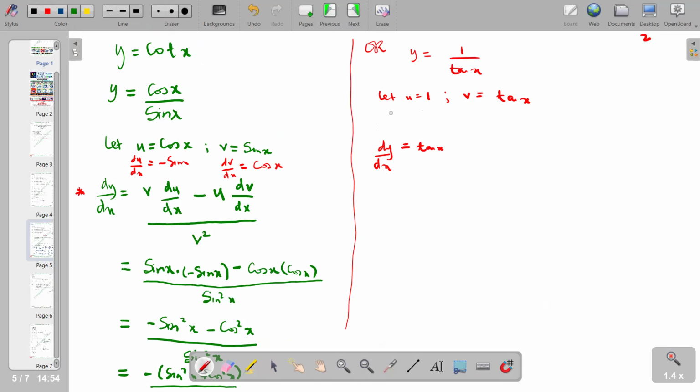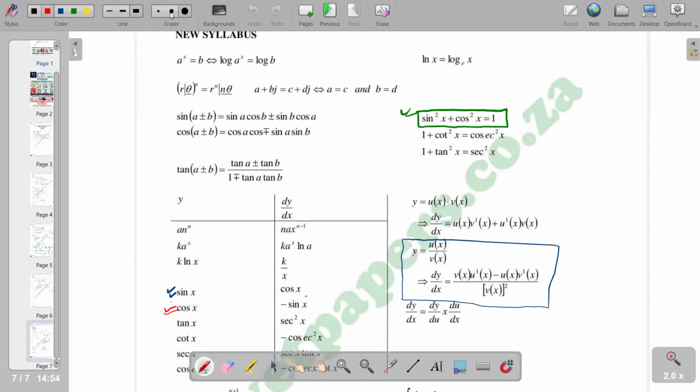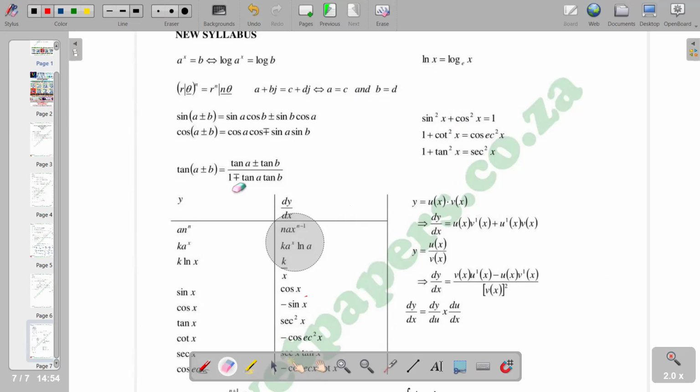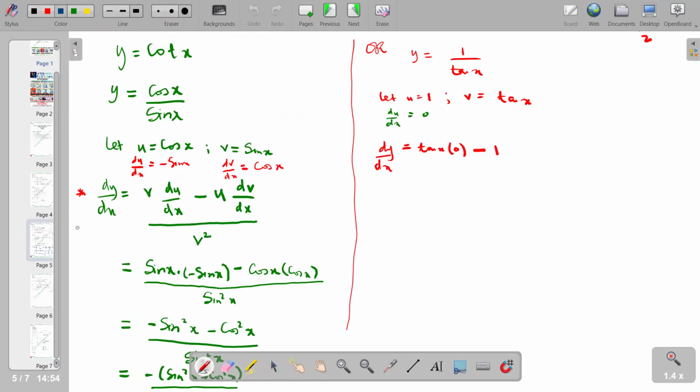So it is multiplied by 0, minus u, our u is 1, multiplied by dv/dx. You go to the formula sheet and check the derivative for tan. They said it's sec squared x.